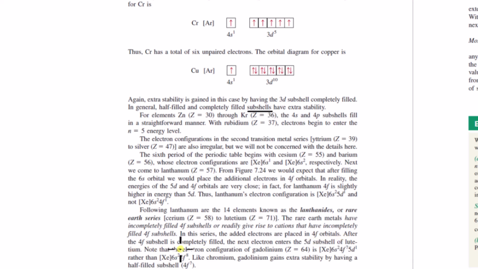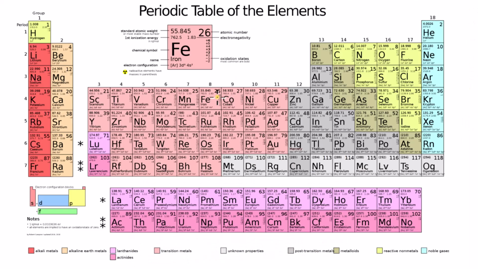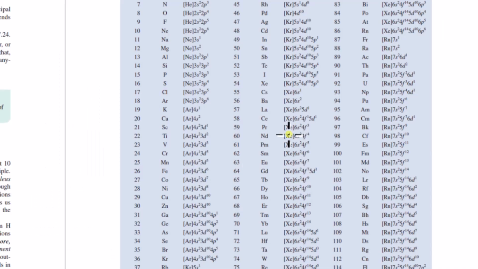After the 4f subshell is completely filled, the next... Okay, let's come back here. Notice that they're saying, technically, this is labeled the lanthanides, this lighter pink here. But technically, this is not a lanthanide, because even though its name has lanthanide in it, if we come here, 57, this doesn't have an incompletely filled 4f orbital.